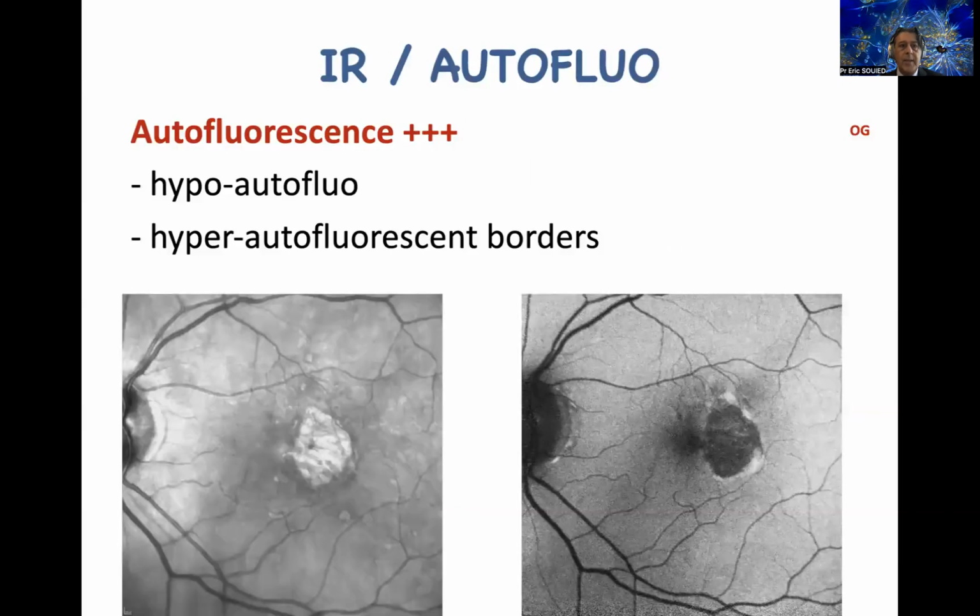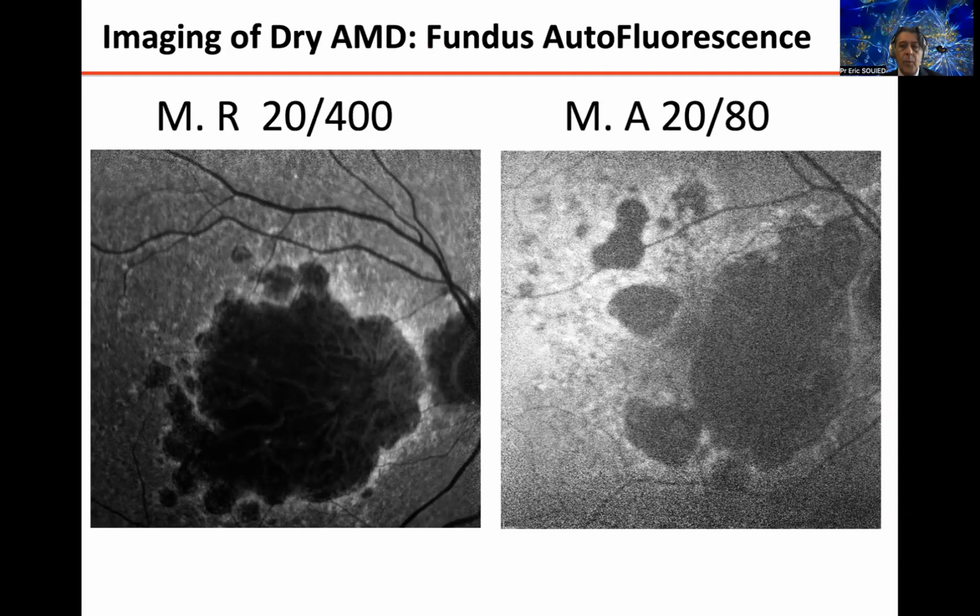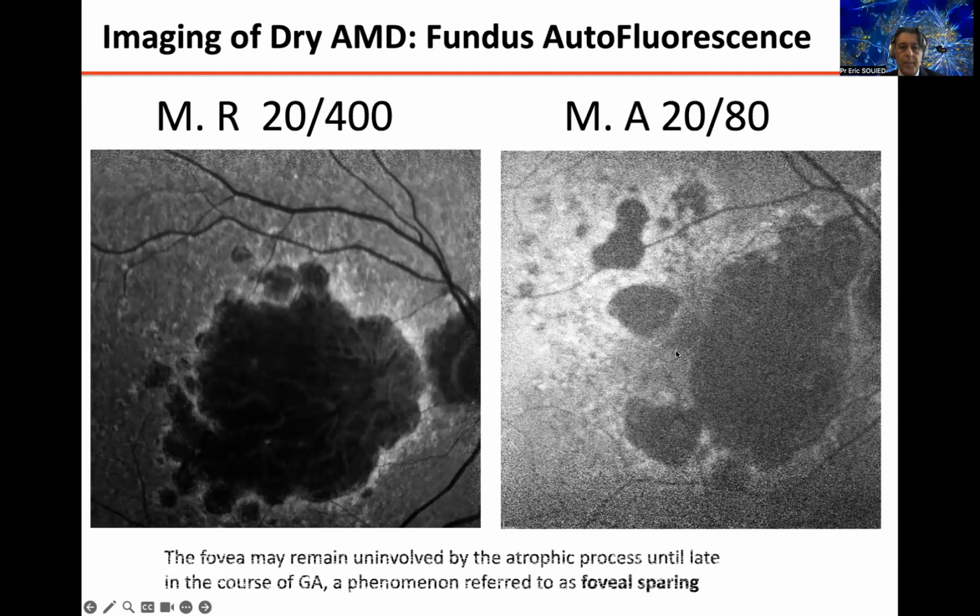The GA is shown by a hypoautofluorescence with hyperautofluorescent borders. Here are two examples of patients, and on the right frame we can see a partial foveal sparing.